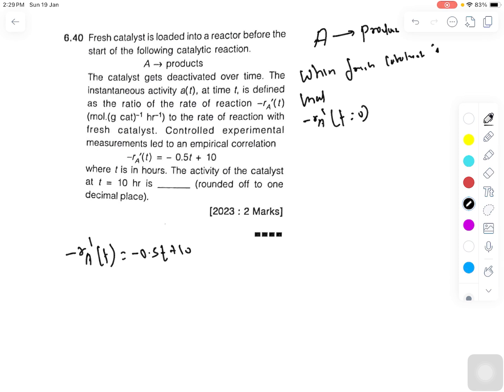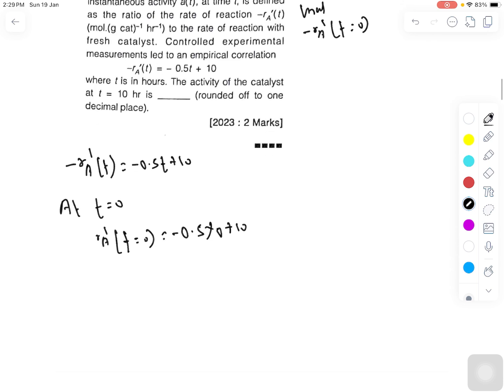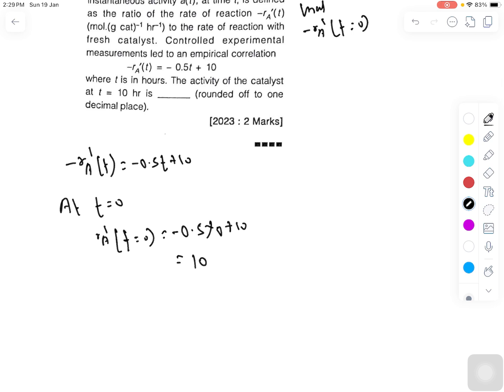So at t equals 0, minus RA dash can be written as minus 0.5 multiplied with 0 plus 10. So that will give you a value of 10.